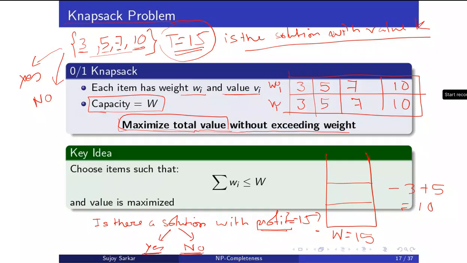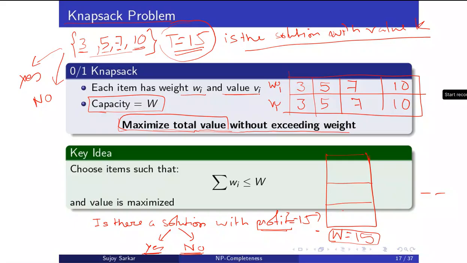Or if I select 5 and 7, then profit is also 5 plus 7, 12. So if you want the profit to be 15, the weight also has to be exactly 15.